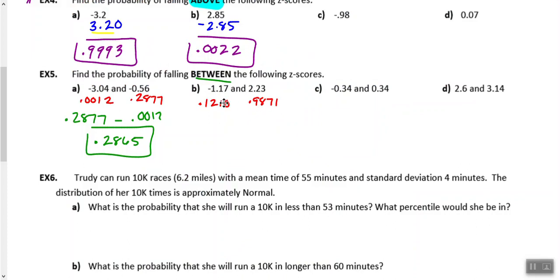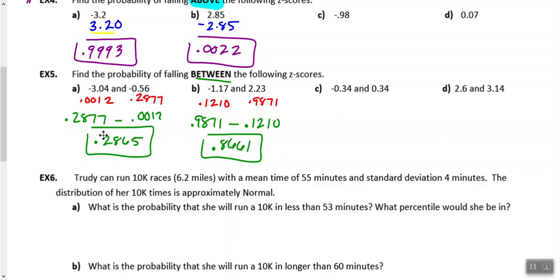All right, now that I have my two probabilities, in order to find in between, I'm going to take the bigger one, so 0.9871, subtract the smaller one, 0.1210, put that in my calculator, and I get 0.8661.